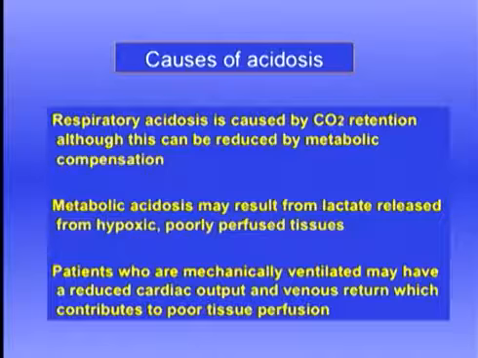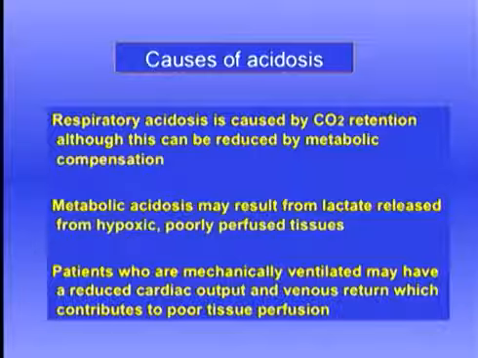in whom there's an exacerbation of bronchitis, for example, and his PCO2 tends to rise, he becomes acidotic. Although the metabolic compensation from the kidney will tend to keep that in check. The kidney will retain bicarbonate and tend to return the pH to near its normal level. But in addition, these patients often have a metabolic acidosis, and that will result from lactate being released from hypoxic, poorly perfused tissues.